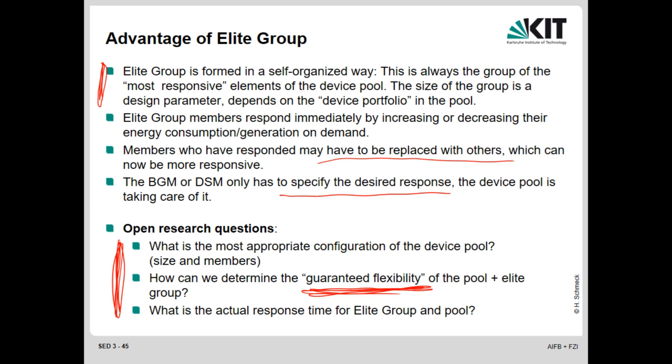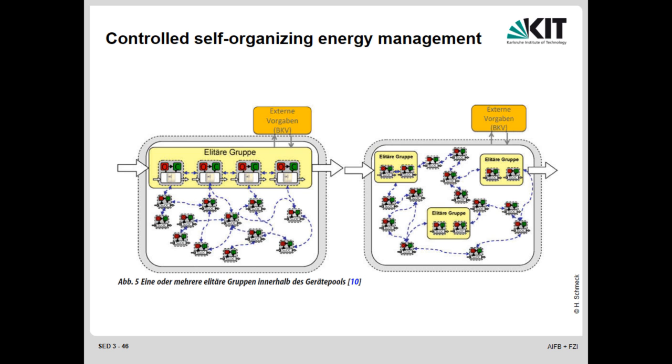And what are the actual response times for a lead group and a pool? We have never run that in reality. We have simulated it in several scenarios, but we don't have real values for that. So this is something which can still be done in research.